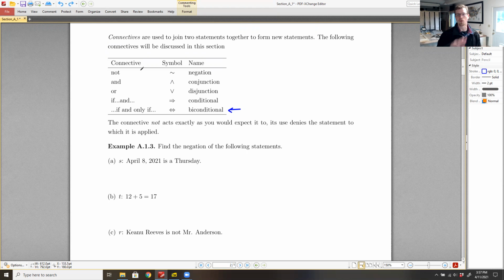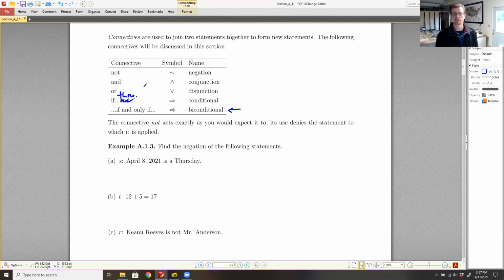So this statement or another statement is called disjunction, and it's represented by a V. So we connect them with a V. And then we have if... oh, actually that's a typo, my apologies. If then, there we go. So if one statement, then another statement. And then finally we have if and only if: statement, if and only if, other statement.